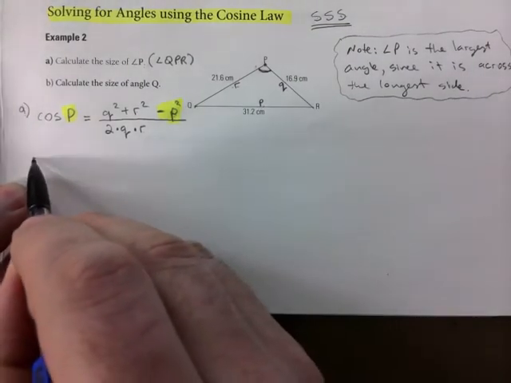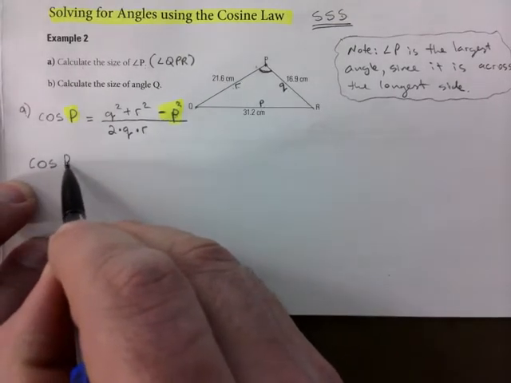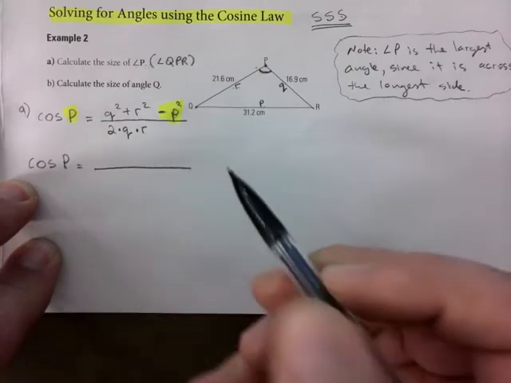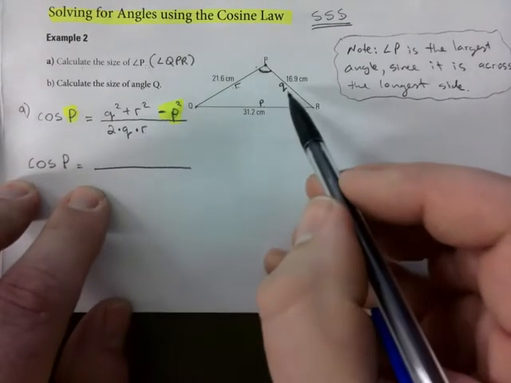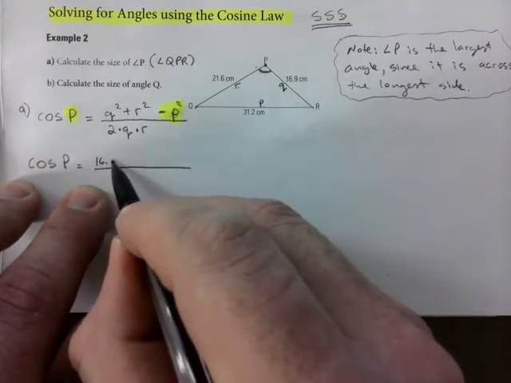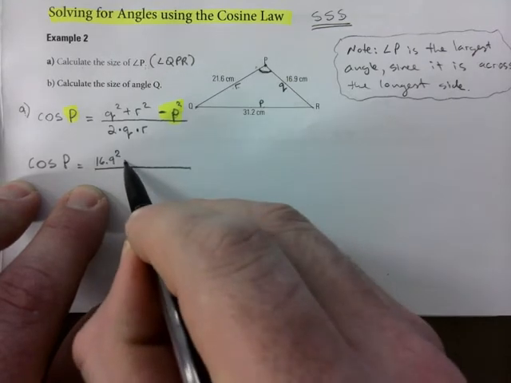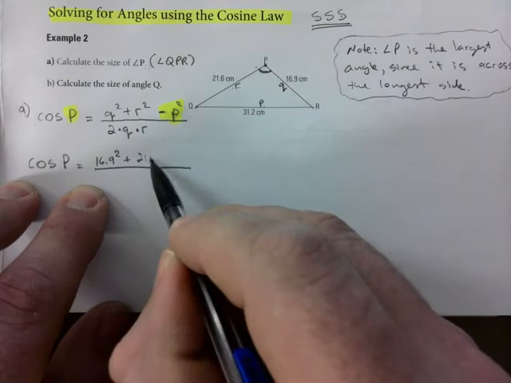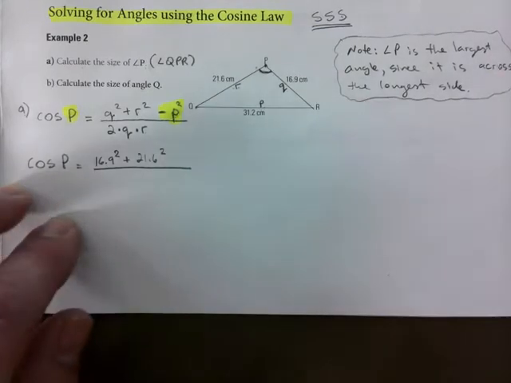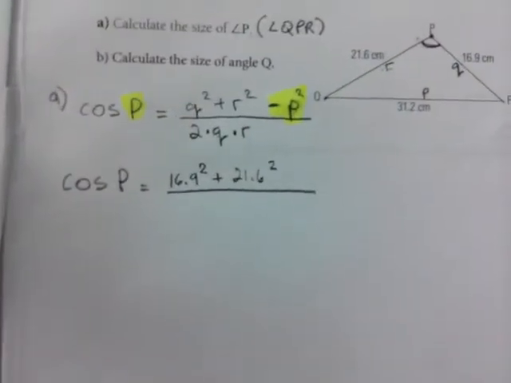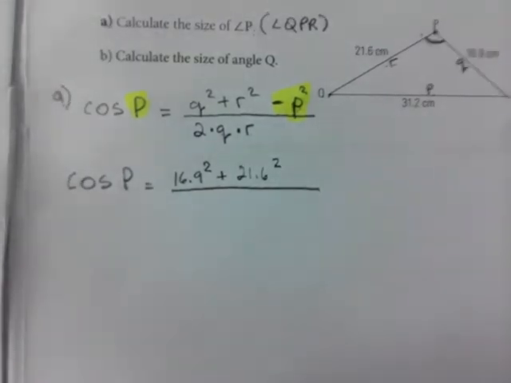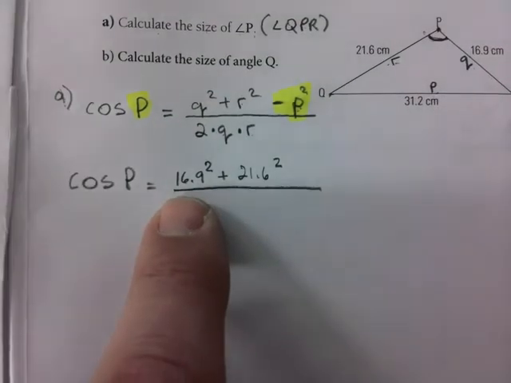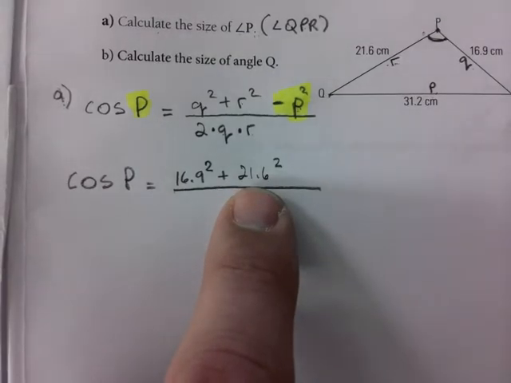So let's keep going. Cosine of P, you actually plug in the sides now. So Q is 16.9, you have to square it, plus R is 21.6, you have to square it. Let me zoom into that so you don't squint too much. Okay. 16.9, that's Q, R is 21.6.